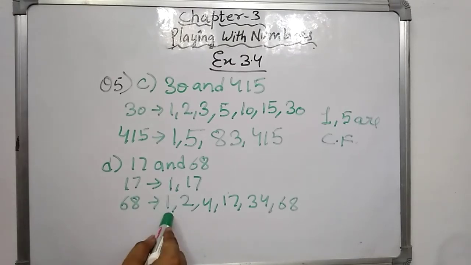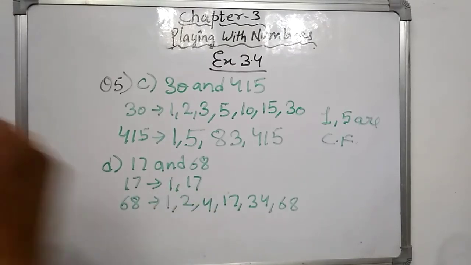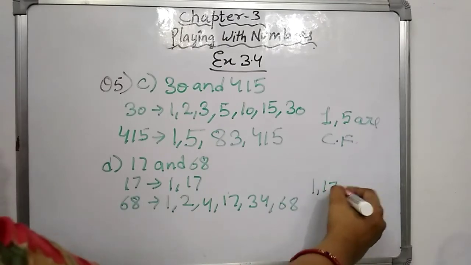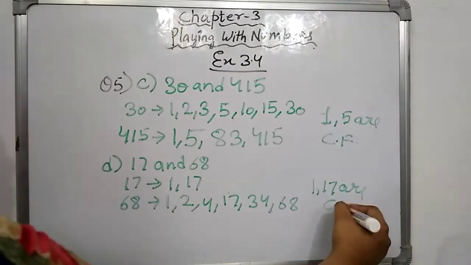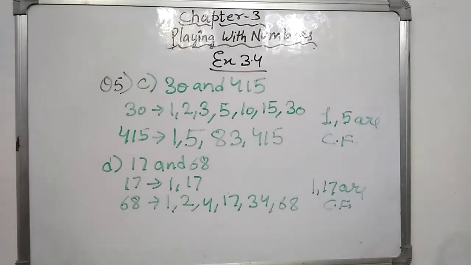Now here also common factors are 1 and 17. So this pair is also not co-prime.